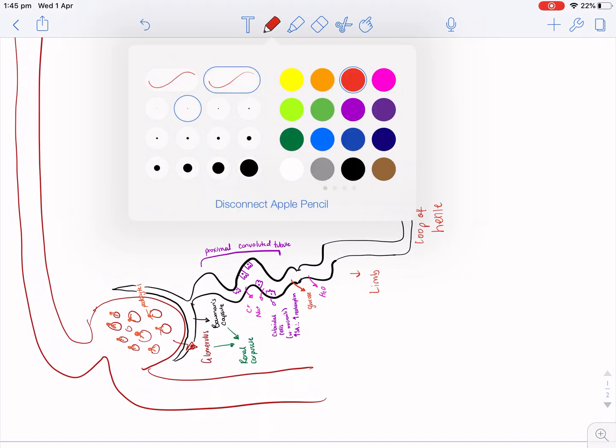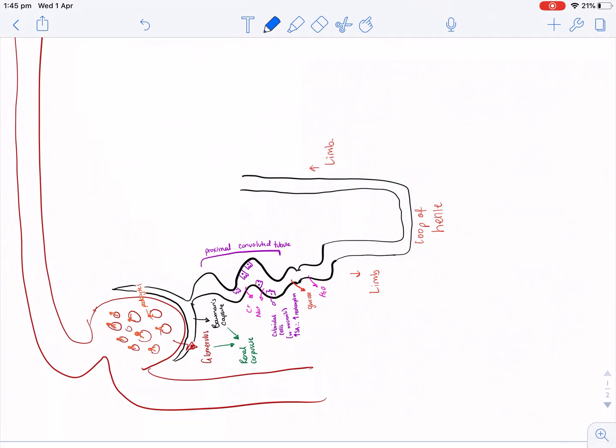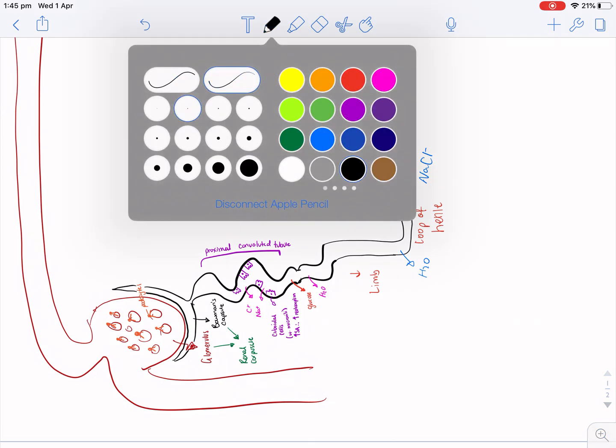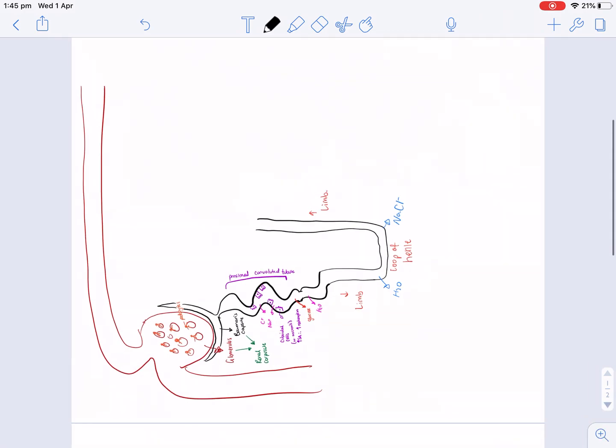Now, similar to the proximal convoluted tubule, we are reabsorbing water, and therefore we are reabsorbing sodium chloride. And some other substances as well, but not that important to note for the purposes of the unit.